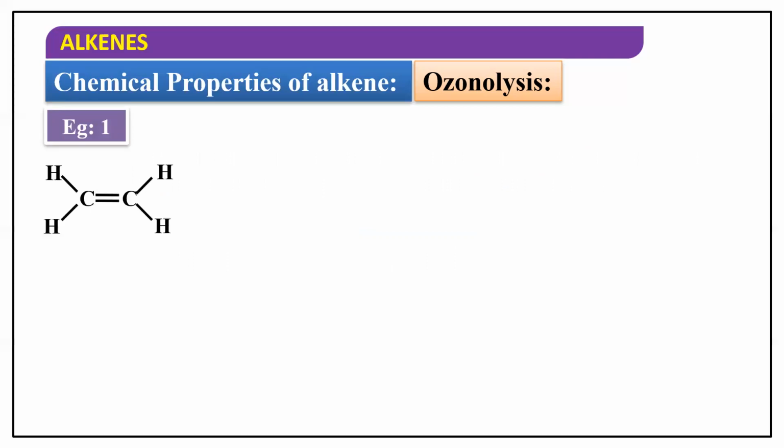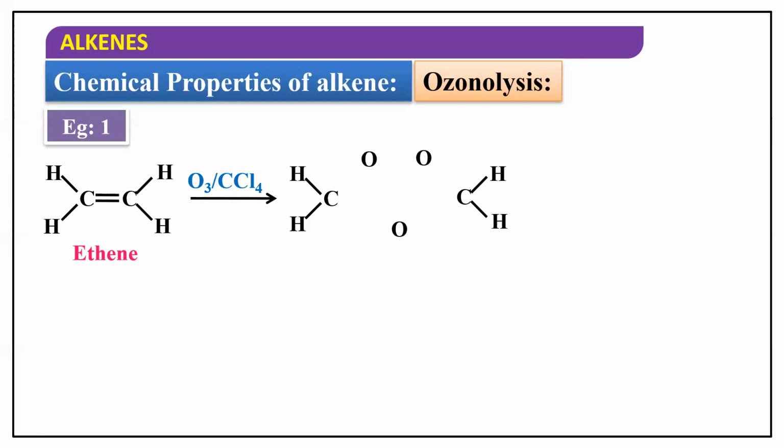So this is ethene. When ethene is made to react with ozone in the presence of carbon tetrachloride, there is addition of ozone to form the ozonide. Now, how does that happen? You can see that the bonds are broken. The bonds which form the double bond are broken, and then the ozone molecule adds between the carbon atoms which had the double bond, like this.